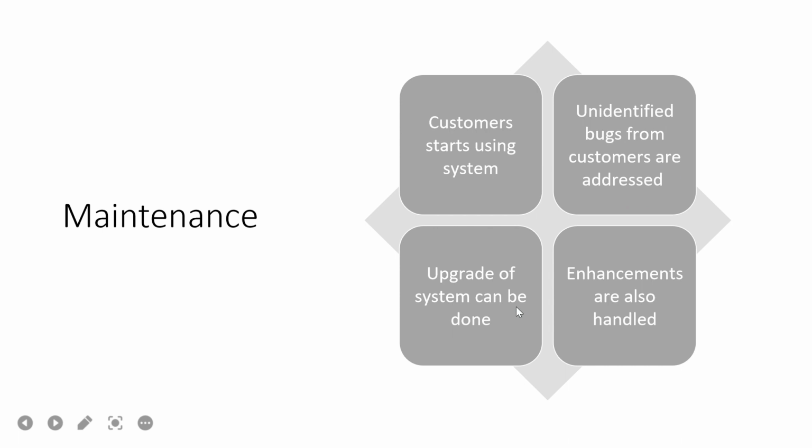So upgrade of the system can be done, and enhancements can also be handled in maintenance. Enhancement in the sense, see, now in WhatsApp we have a feature where for a message separately we can give a like button or a heart button or a smiley or something like that, right? For that I need to do a long press, and I have to touch on the smiley which I want.